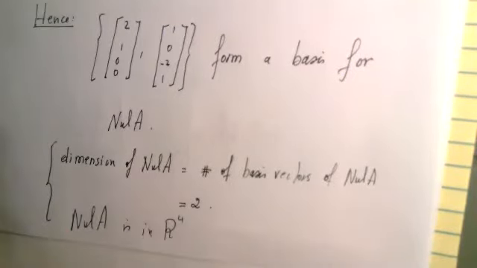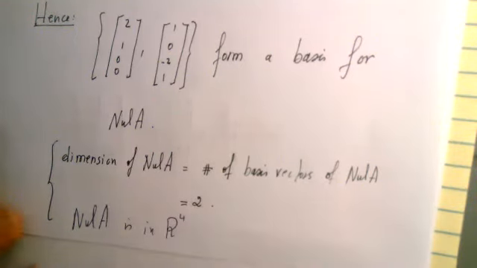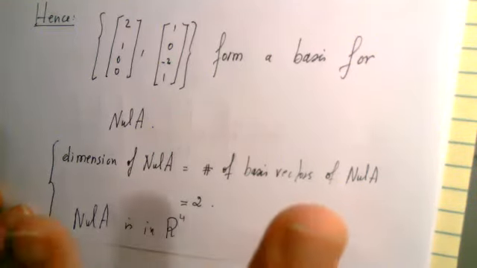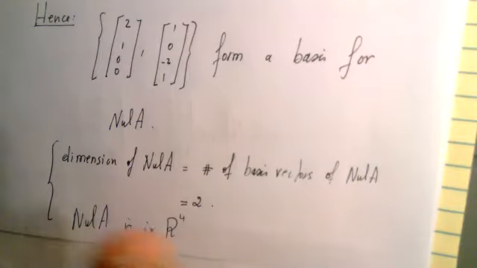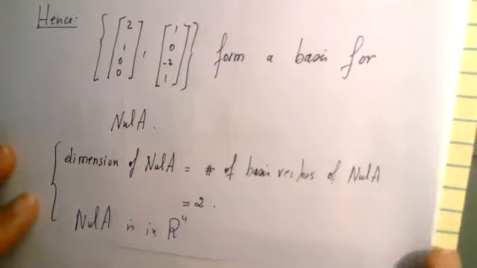And algebraically we say that the null space of A is a subspace of dimension 2 in R4. The dimension 2 tells you that you need 2 vectors to span all of the null space. So you are in R4, but the null space is obtained by spanning 2 vectors. They are enough to cover all of it.